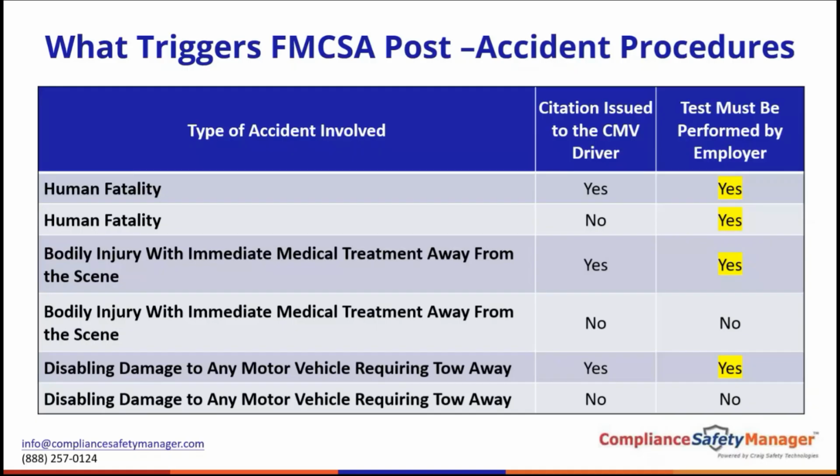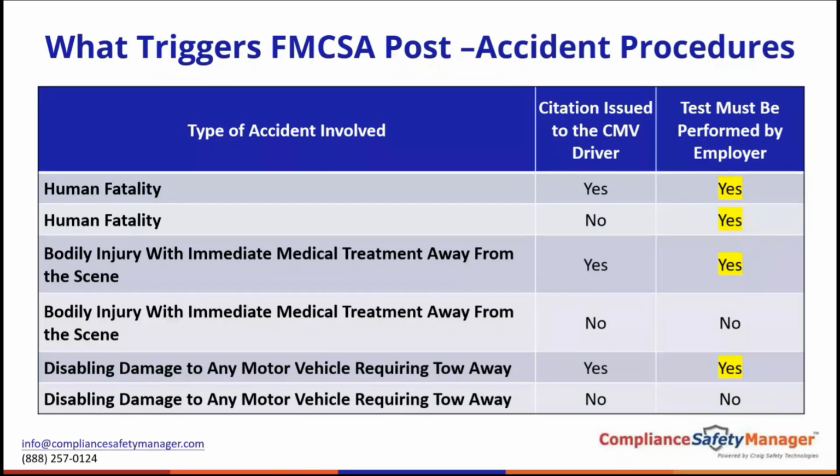The first column defines the type of accident, and the second column indicates if the driver was issued a citation. The third column tells us if you need to initiate FMCSA testing. In the case of a human fatality, testing is required whether the driver was issued a citation or not. So human fatality, you always must test.